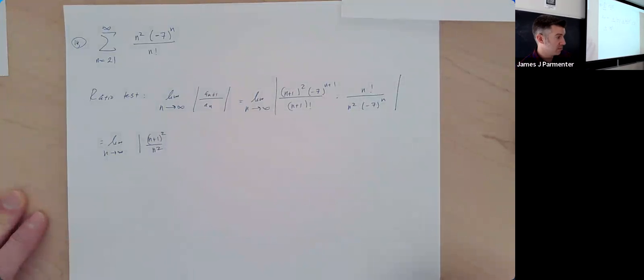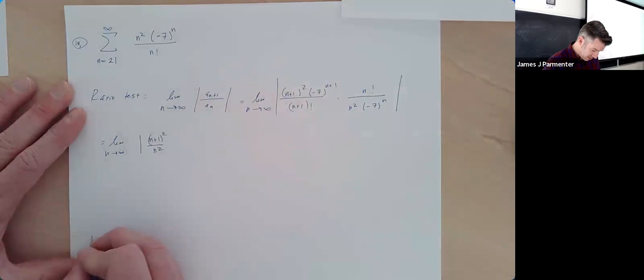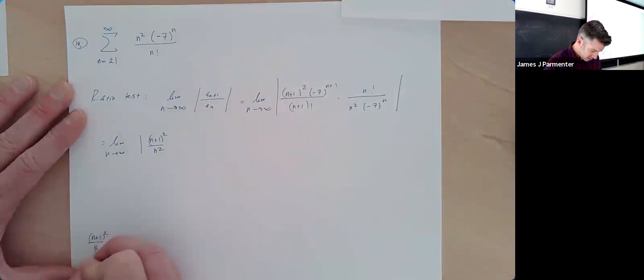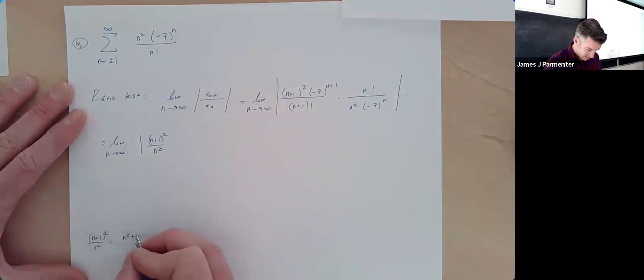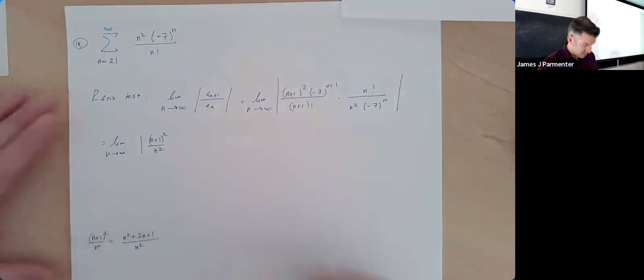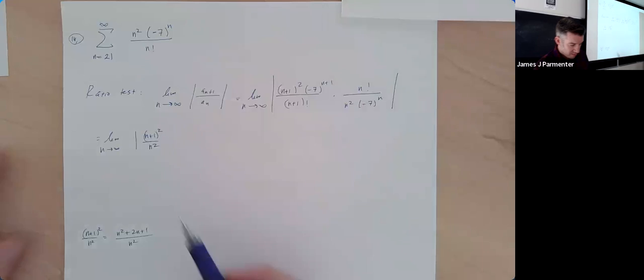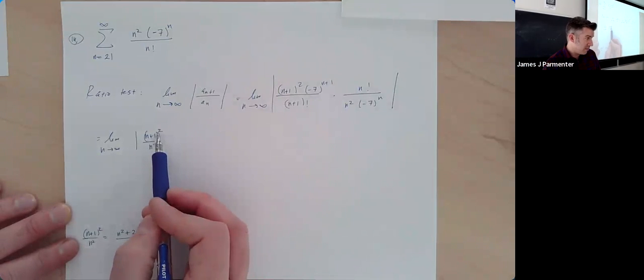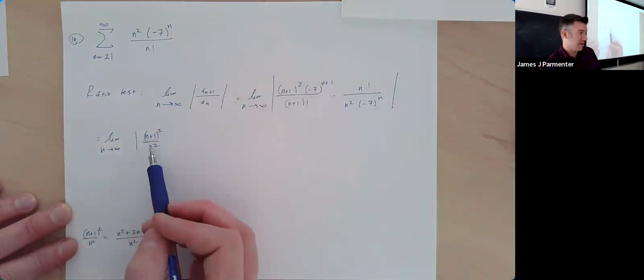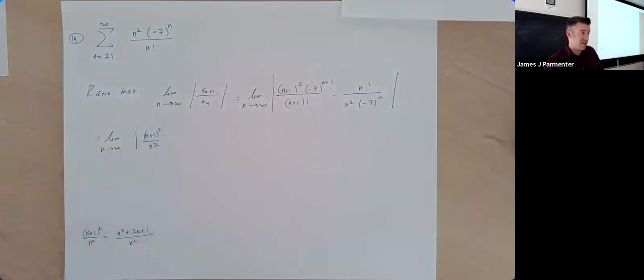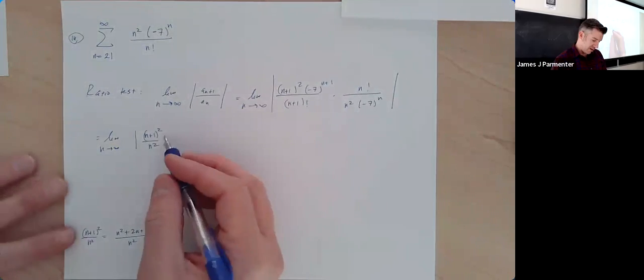It has the usual rational function deal, so it wouldn't matter if this was cubed, 4th, 10th, 1000th power: (n+1) to the 1000th over n to the 1000th. If you let n go to infinity, the only thing that matters is the first term when you multiply it out, which is just n to the whatever your power is. So this part's kind of inconsequential. It does matter in this problem because we have to do the simplifying, but normally I would just say that's going to go to 1.